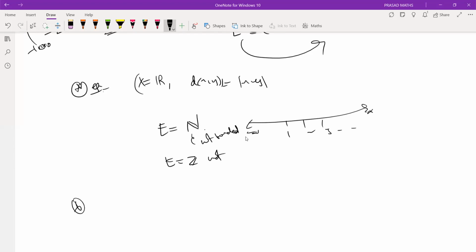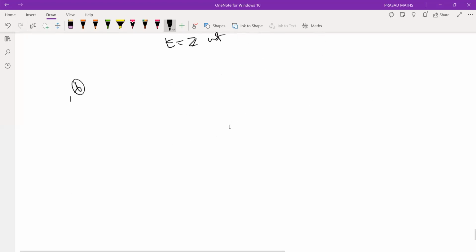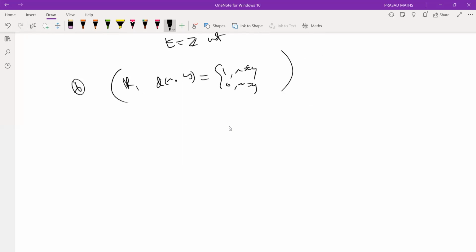Suppose I replace the usual metric by the discrete metric. The question is: if you take the natural numbers, the counting numbers, is it bounded? The answer is yes.